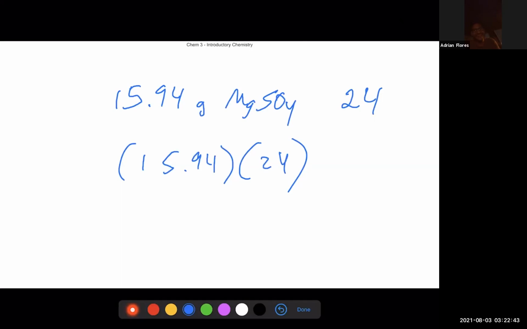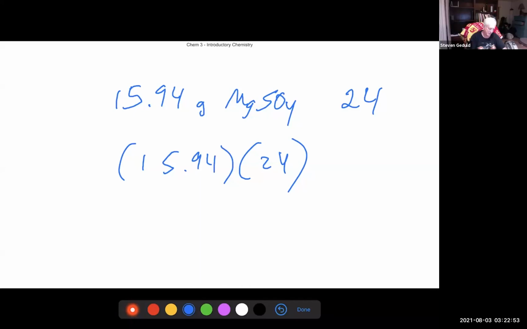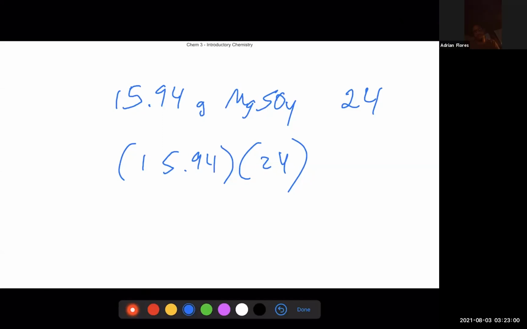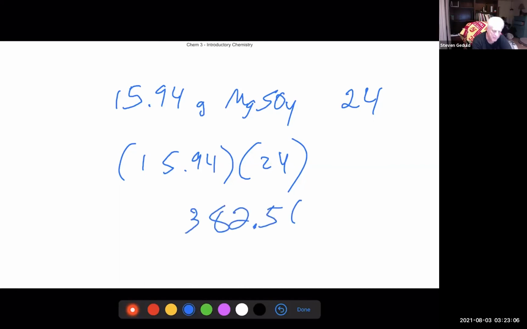Let's do the numbers here so we have numbers to talk with. 15.94 times 24 comes out to 382.56 grams of magnesium sulfate measured out.